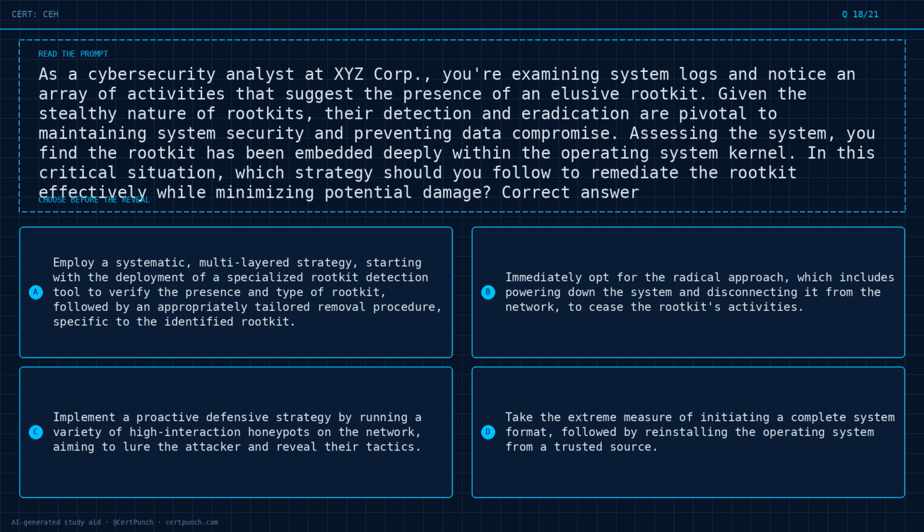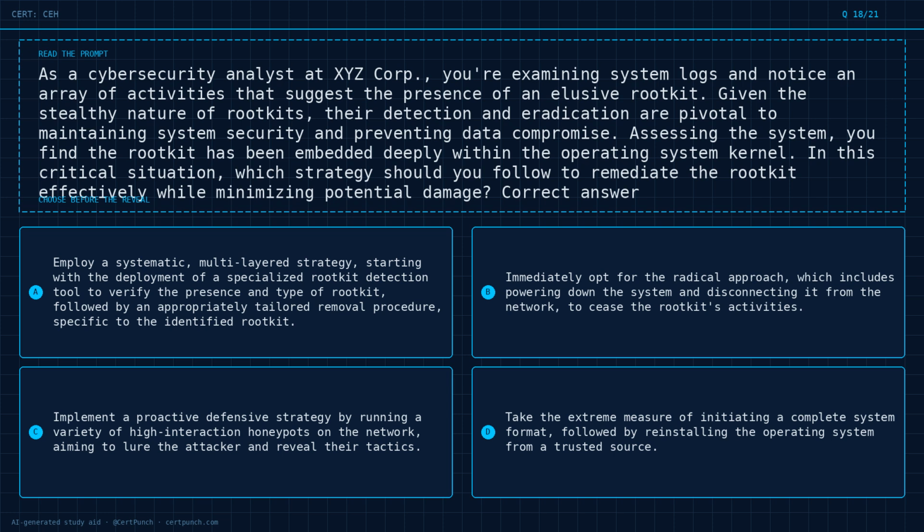Correct answer, option A. Employ a systematic, multi-layered strategy, starting with the deployment of a specialized rootkit detection tool to verify the presence and type of rootkit, followed by an appropriately tailored removal procedure specific to the identified rootkit. Option B. Immediately opt for the radical approach, which includes powering down the system and disconnecting it from the network to cease the rootkit's activities.